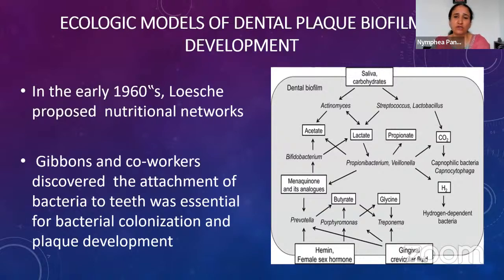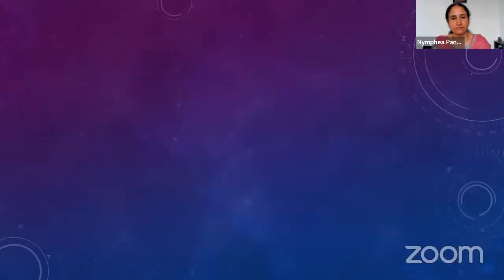So they also established that not only the bacteria's presence matters, the bacteria should also be able to attach to the surfaces, and that was considered a virulence factor of that bacteria. If the bacteria is able to attach to the local tissues and deliver the toxins or virulence factors, that is the contribution from the local factors.